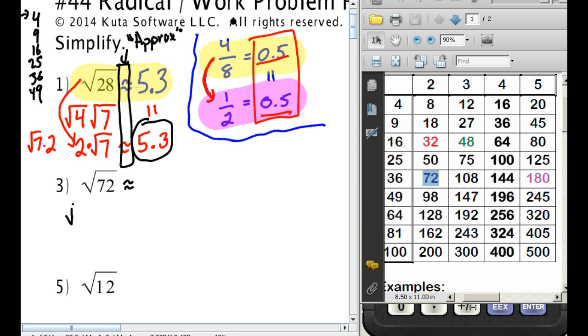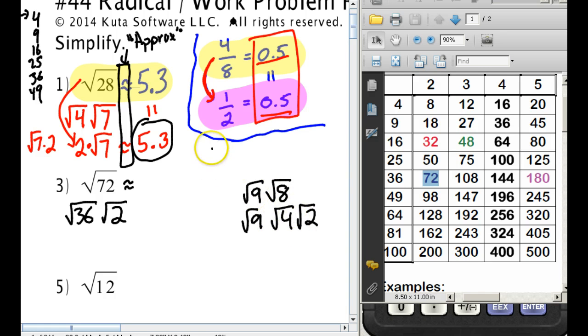So here we have root 36 times root 2. As I mentioned before, if you did root 9 and root 8, here's the problem with that: root 8 is then going to be root 4 and root 2, so you have to reduce twice. It's kind of like having to reduce twice, like 8 over 16, and then reducing it to 4 over 8, and then reducing it to 1/2.